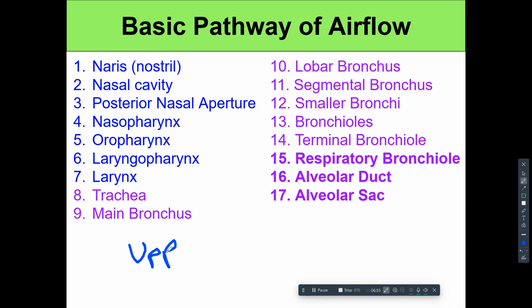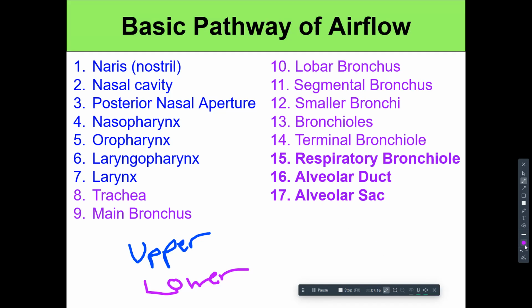So in blue, we got the upper respiratory tract, whereas the things in purple, therefore, are going to be your lower respiratory tract. So upper respiratory tract nearest to larynx, lower respiratory tract, trachea onward to the alveolar sacs in the lungs.